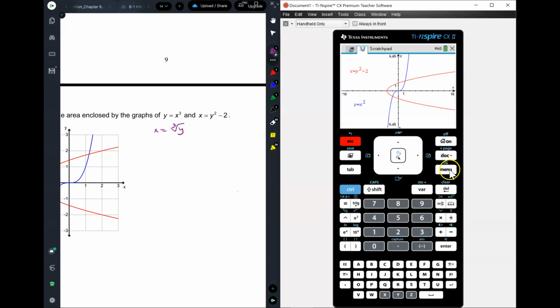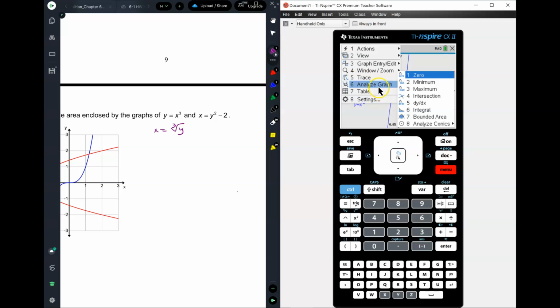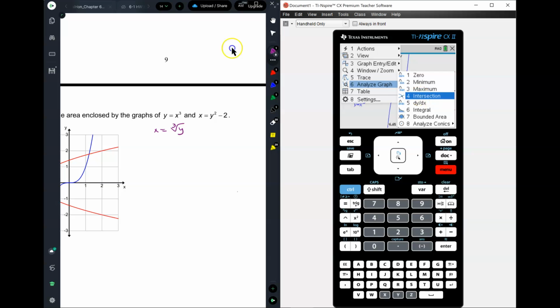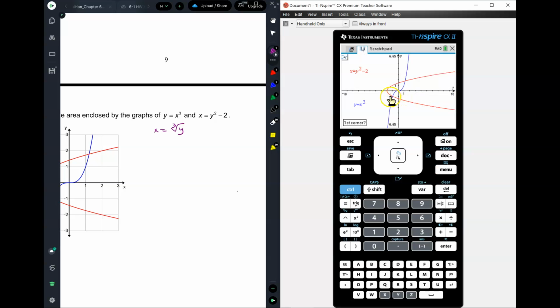Okay, so now, menu, analyze graph, intersection. Wait, I pressed something else. Menu, analyze graph, intersection. And then you hover, you have to click on the graph.